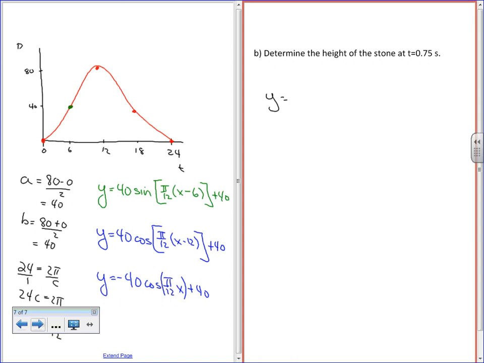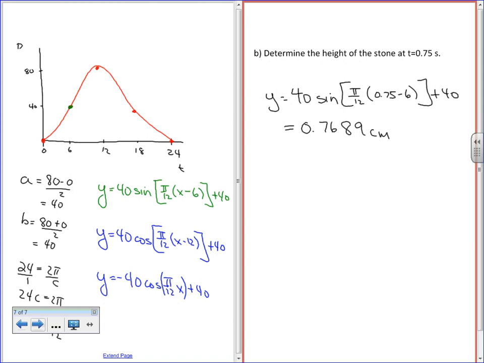Use whichever equation you came up with and just substitute that time in for x. The only thing you have to do is make sure your calculator is in radians, because if it's in degrees, it's going to give you the wrong answer. So your calculator must be in radians.